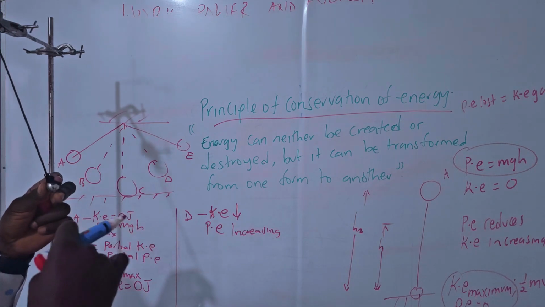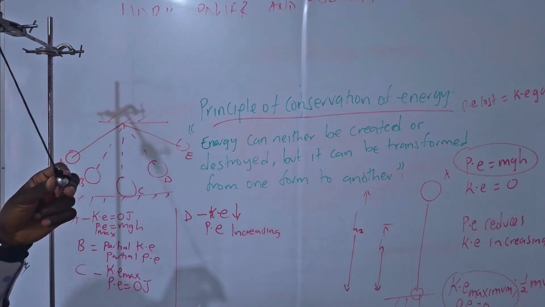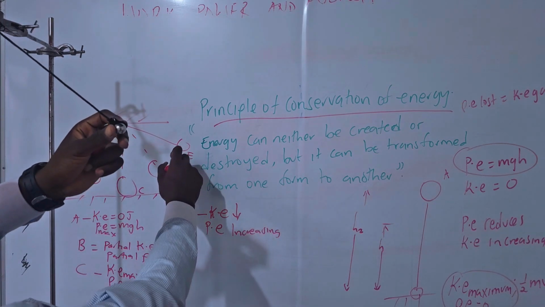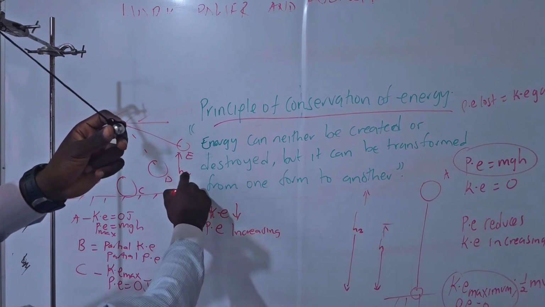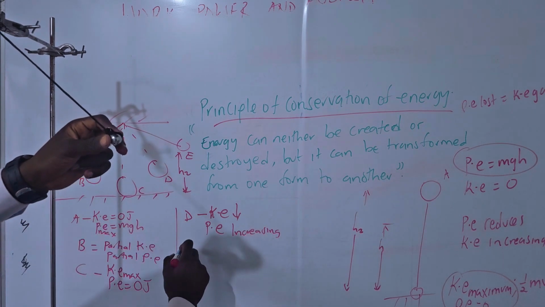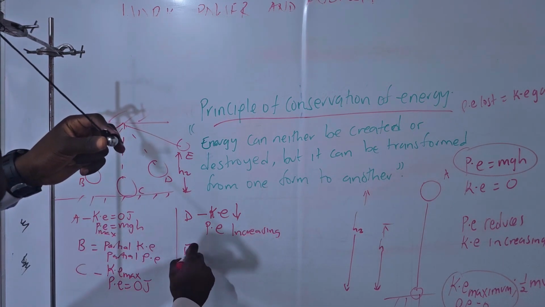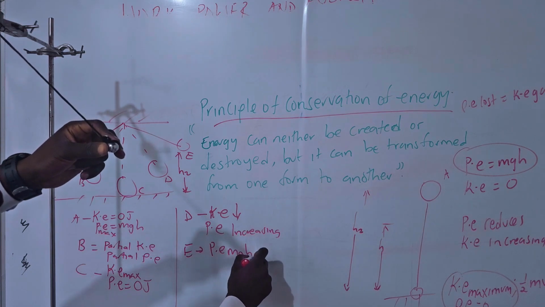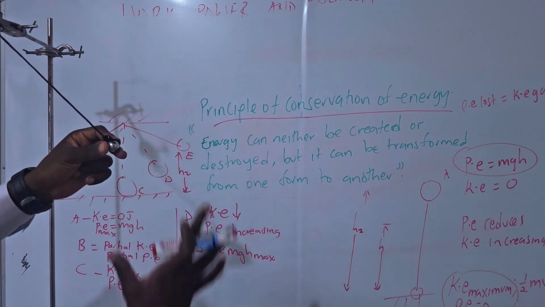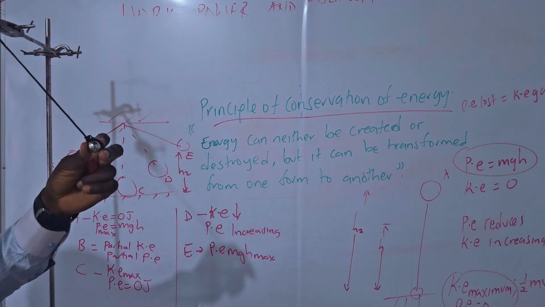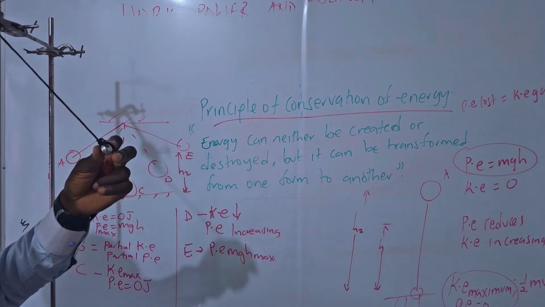Why is the potential energy increasing? Because its height is increasing. As it goes into this position, it has a maximum height there. So the maximum height here gives it maximum potential energy again. But then it stops. It stops because it is preparing to come back again.